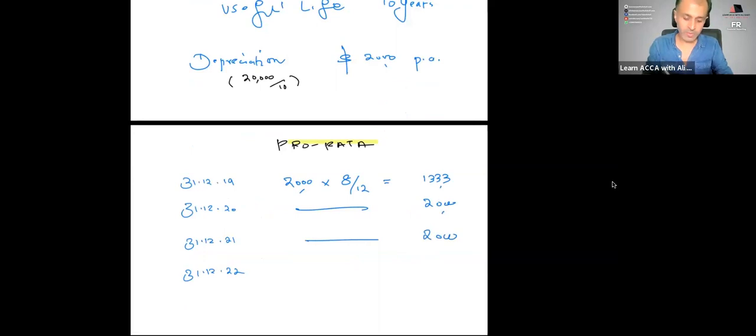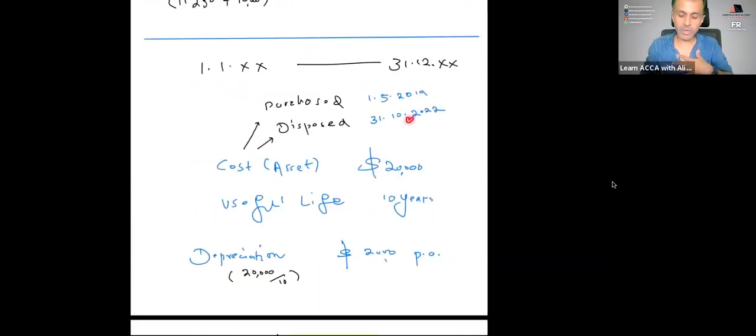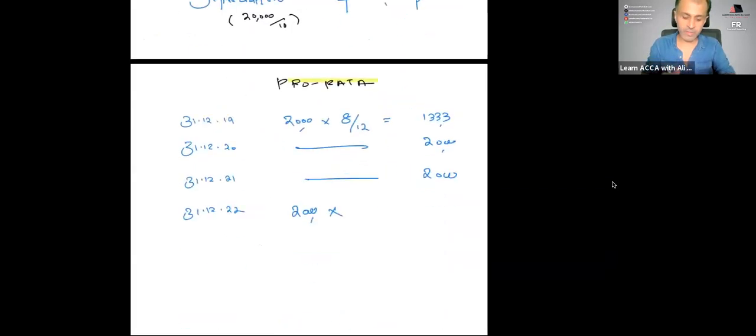Now, in the year of disposal, the whole story will repeat. I will have to ask myself, for how long in the year of disposal was it being held? And that looks to me till this October, 10 months: Jan, Feb, March, April, May, June, July, August, September, October. So in the year of disposal, that's going to be for 10 odd months.